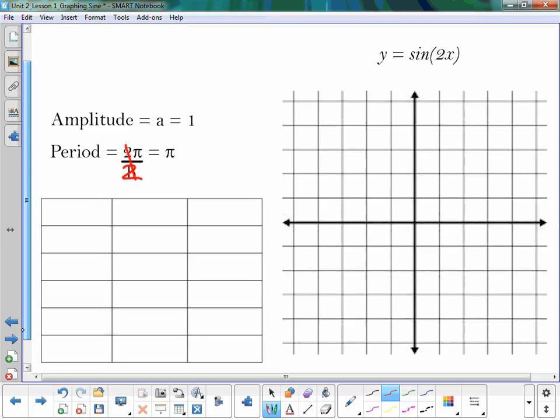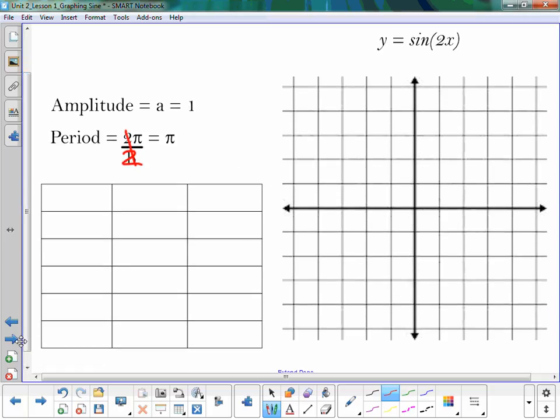Are you splitting it over 2 because it's 2x? Yeah, I'm taking the number in front of x, and that's b. So I plug it into 2 pi over b. And I added an extra column.